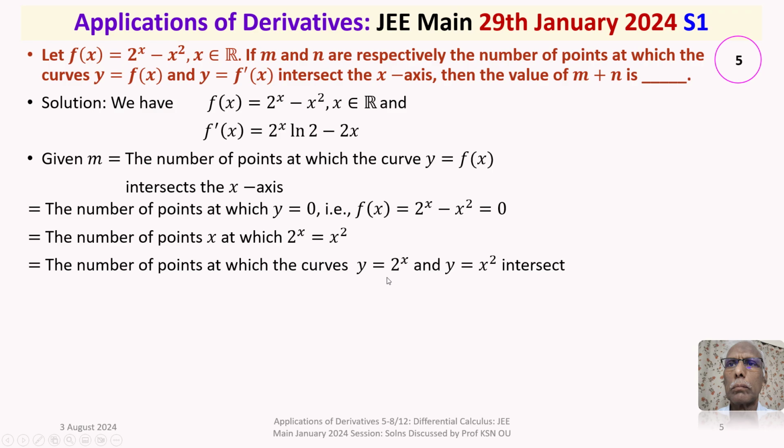And we also know that the exponential curves grow faster than any polynomial curves. For example, y is equal to x square is a polynomial curve. So it grows faster.